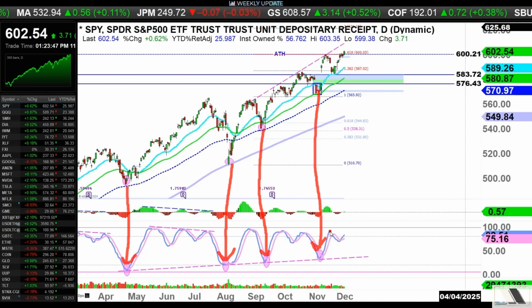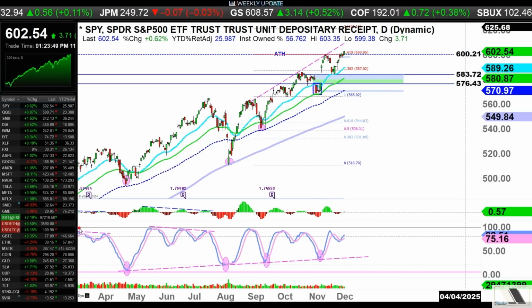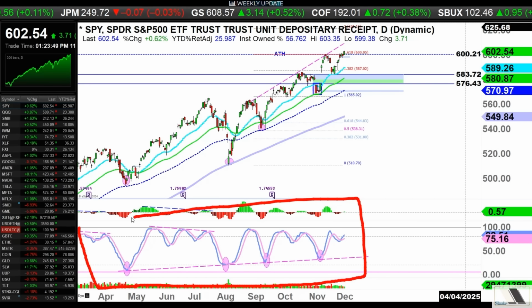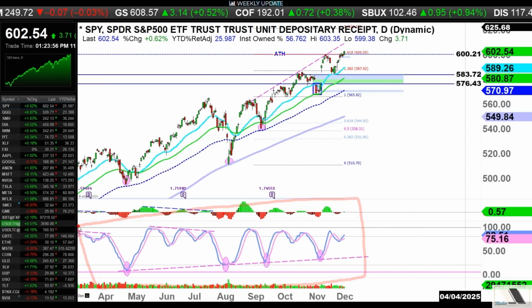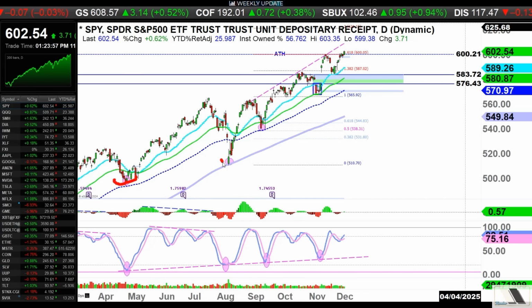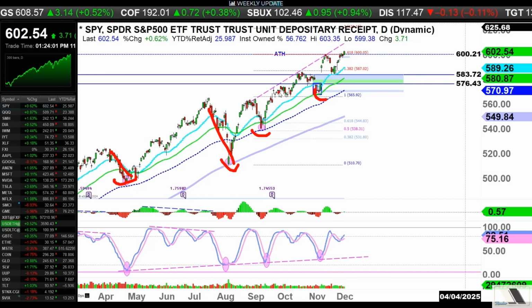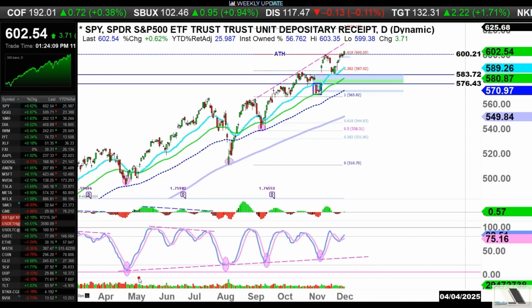I remember this oscillator was fully modified to accommodate the way I trade, which is I love to buy these bigger dips. I don't buy these couple-day dips, because I'm a position trader. So this oscillator has been fully modified to accommodate that.